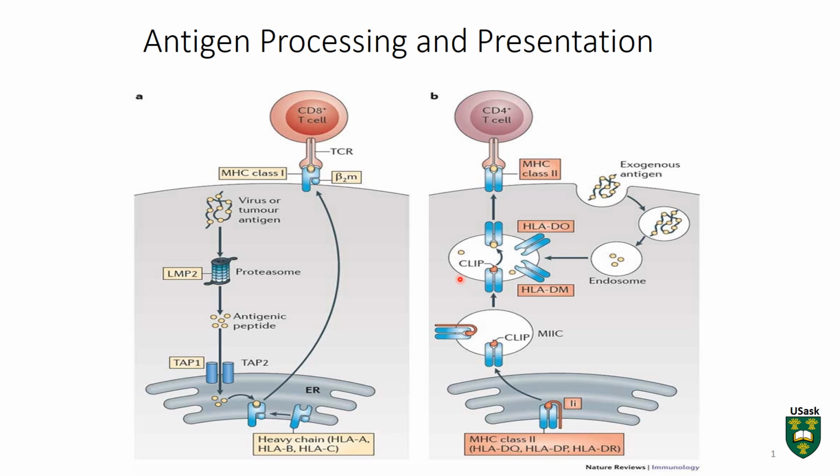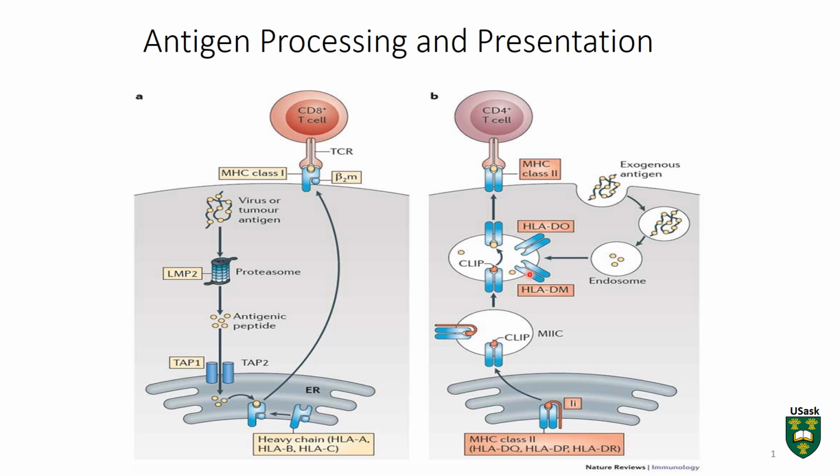Now this HLA with the CLIP will go to another compartment where it meets another molecule called HLA-DM. Here you can see that the endosome, which is full of peptides, will now come and fuse with this compartment. The function of HLA-DM is to remove the CLIP and allow class 2 to become blank.